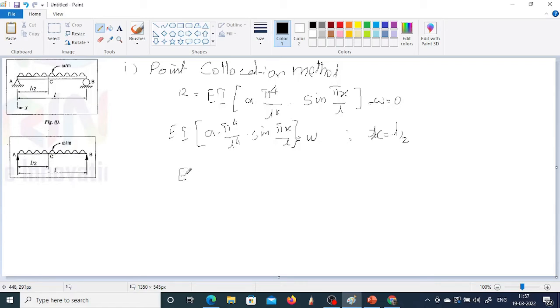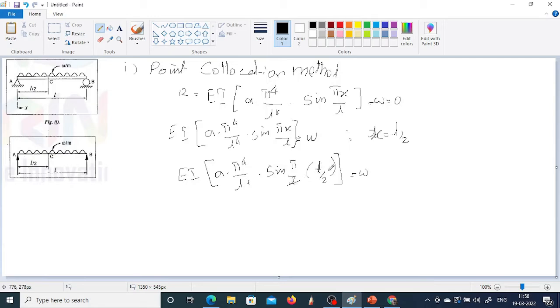So EI into A into pi power 4 divided by L power 4 into sine pi by L into x, where x is L by 2 because maximum deflection occurs at the mid of the beam, is equal to W.